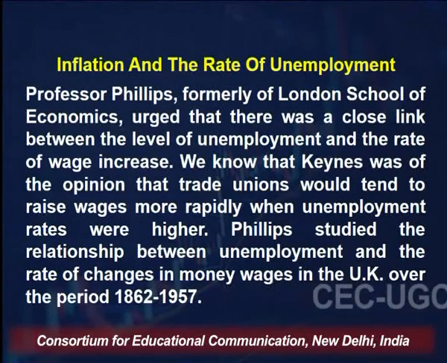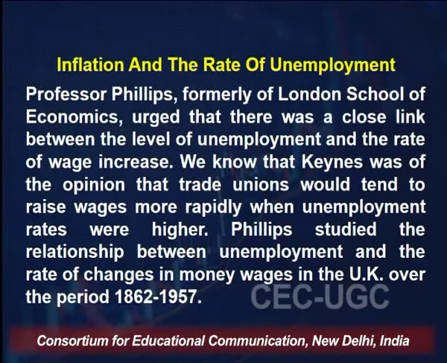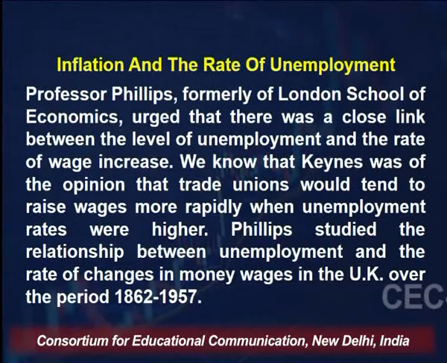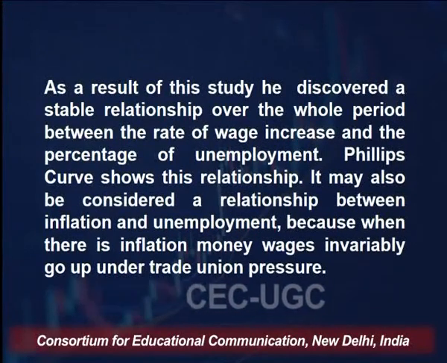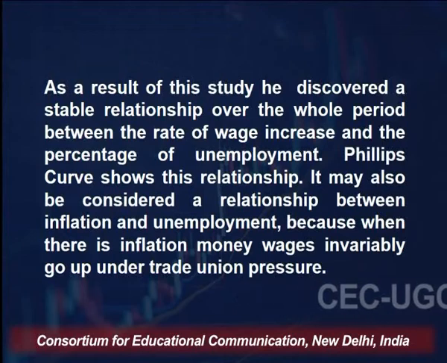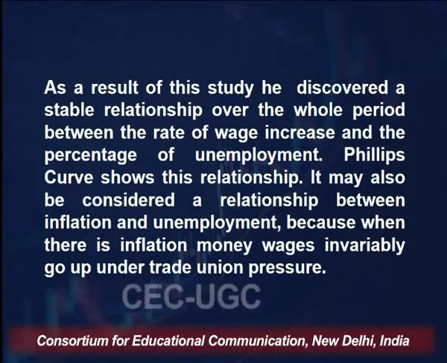Phillips studied the relationship between unemployment and the rate of change in money wages in the UK over the period of 1862 to 1957. As a result of this study, he discovered a stable relationship over the whole period between the rate of wage increase and the percentage of unemployment.